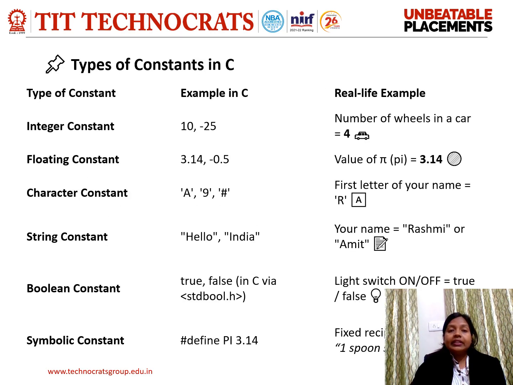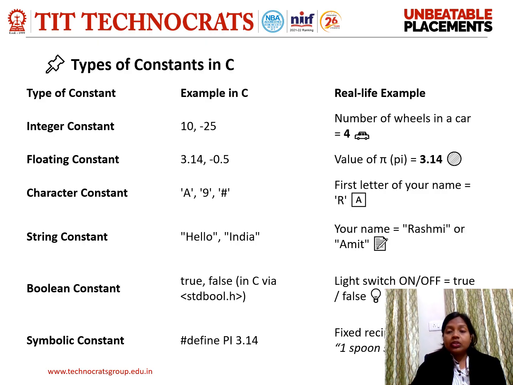Okay, so integer constant, example 10, -25. Floating constant has decimal values, 3.14, .5, right? Character constant is written in single quotes. String constant is written in double quotes.